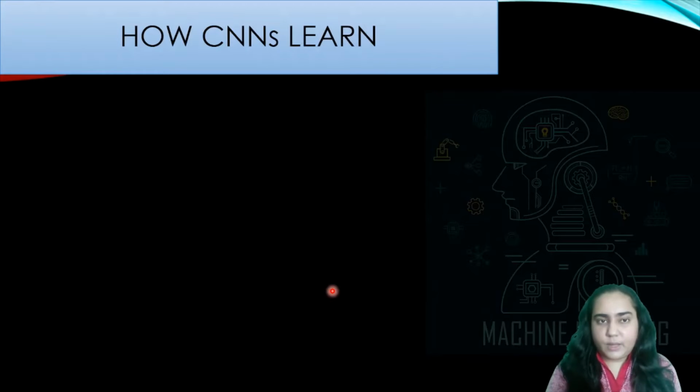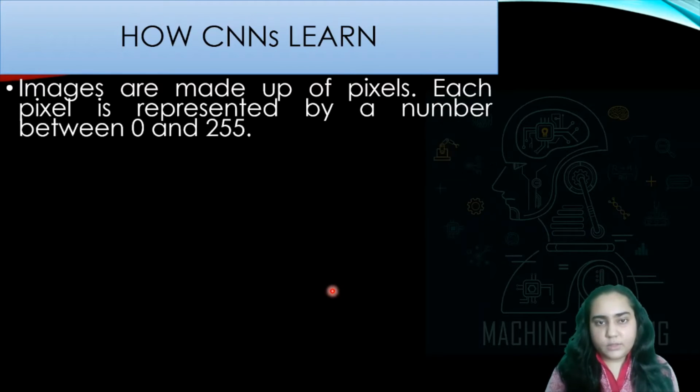Now let's talk about how exactly these CNNs or convolutional networks learn. So images we know are made up of pixels, and each pixel is represented by a number between 0 and 255. So it depends on how many pixels are there in your image.